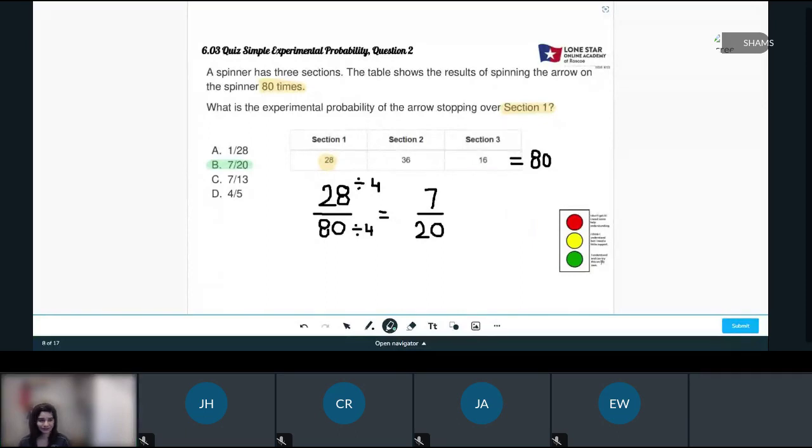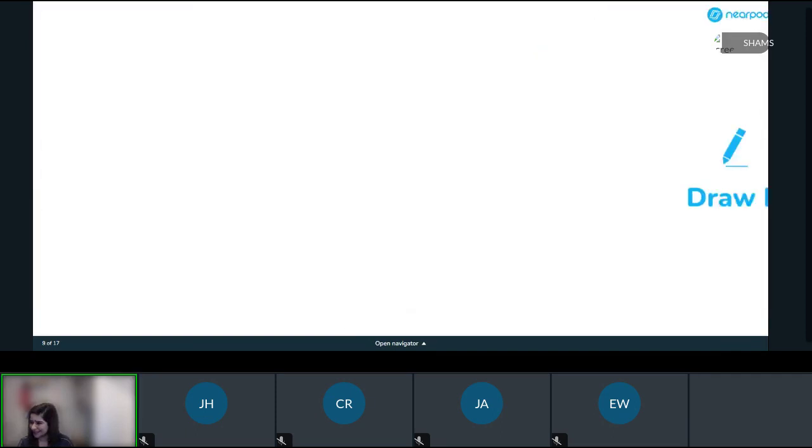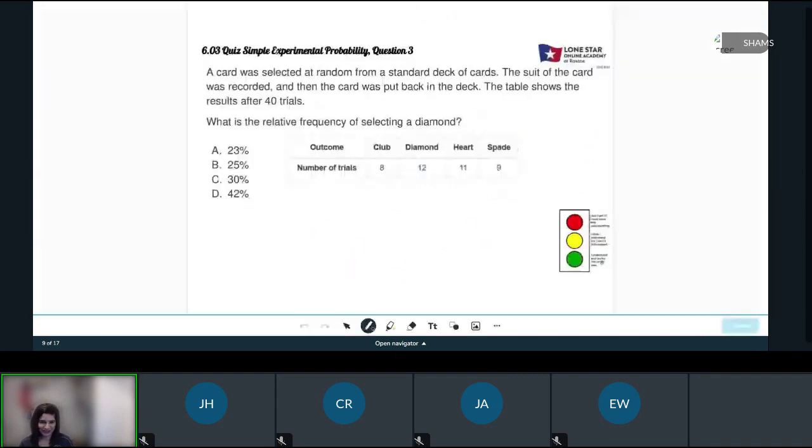Let's move on to question 3. Question 3 will need answers in percentages. And that is going to be a nice good review for percentages. See, A, B, C, D are in percentages. A card was selected at random from a standard deck of cards. The suit of the card was recorded, then the card was put back in the deck.